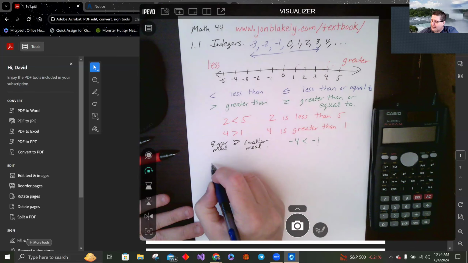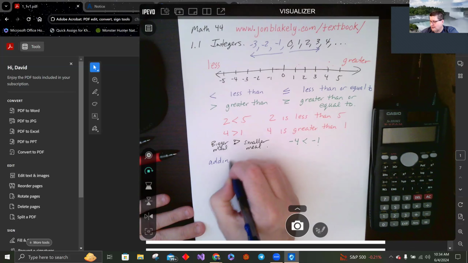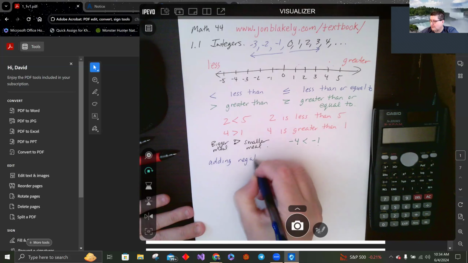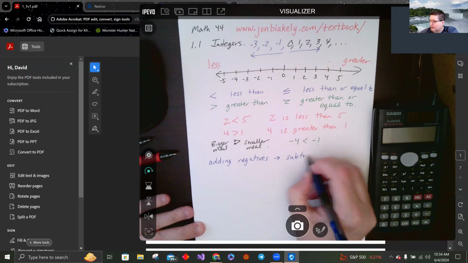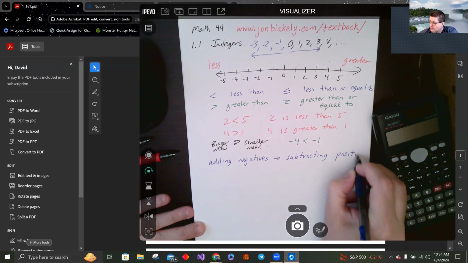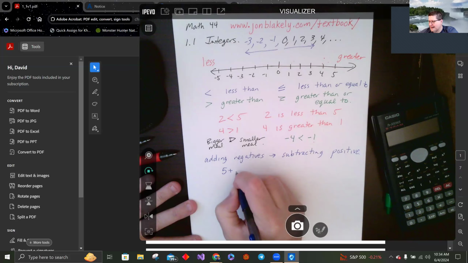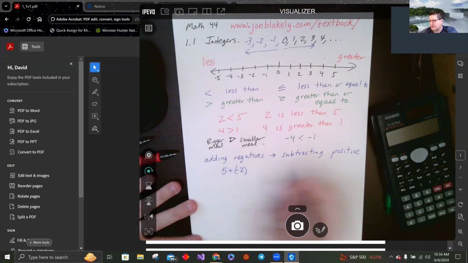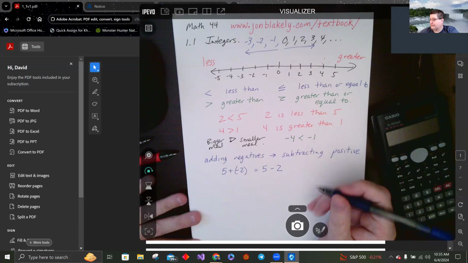If you're adding negative numbers, this is like subtracting the positive number. So I have 5 plus -2. This is the same thing as 5 minus 2. And I hope you don't need a calculator for that.